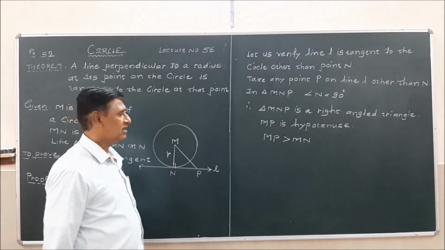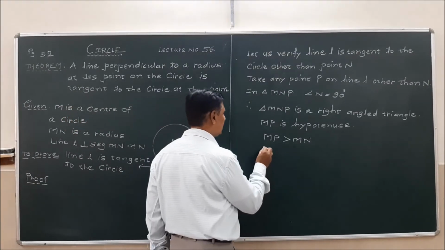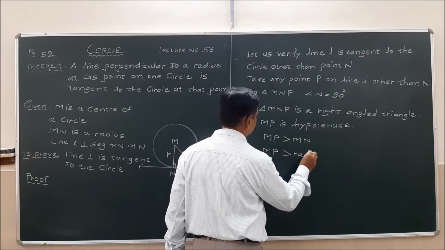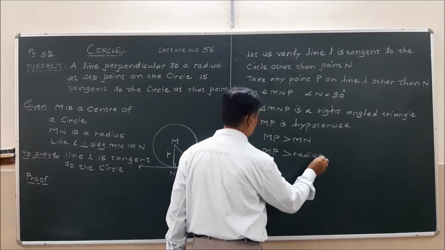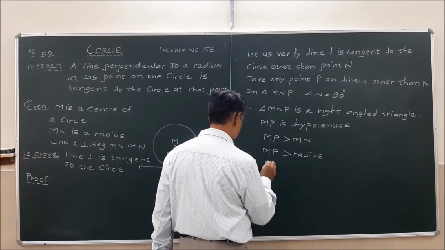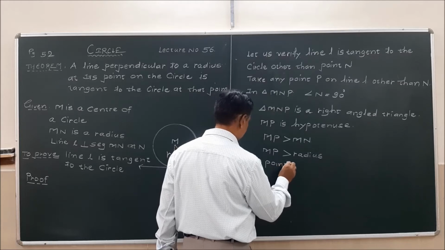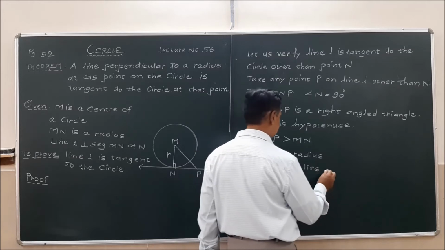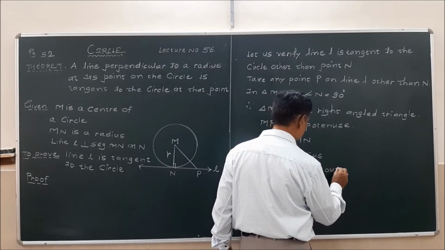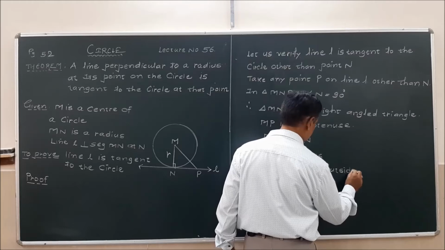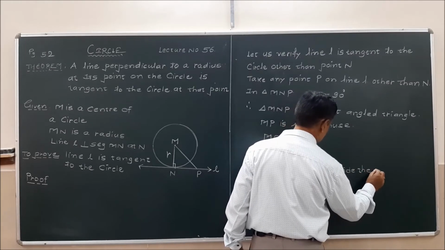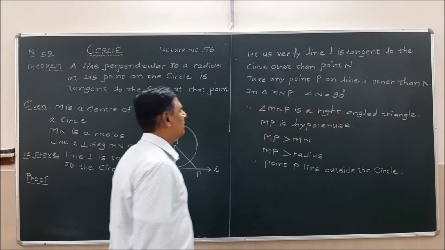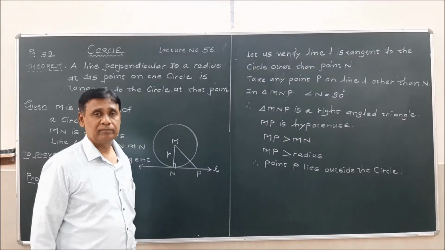So MP is greater than the radius. Therefore, point P lies outside the circle.